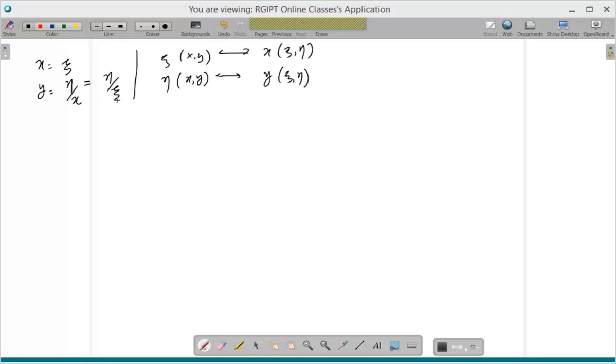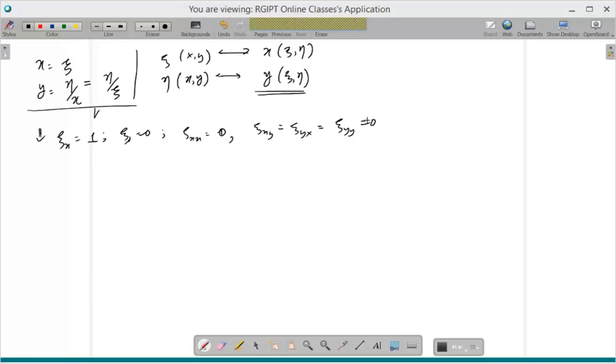Okay, all I did was write the right hand side here, and x and y as functions of zeta and eta here. Now I know that zeta x equal to 1, zeta y equal to 0, zeta xx equal to 0. Zeta xy equals zeta yx equals zeta yy, they're all zeros.